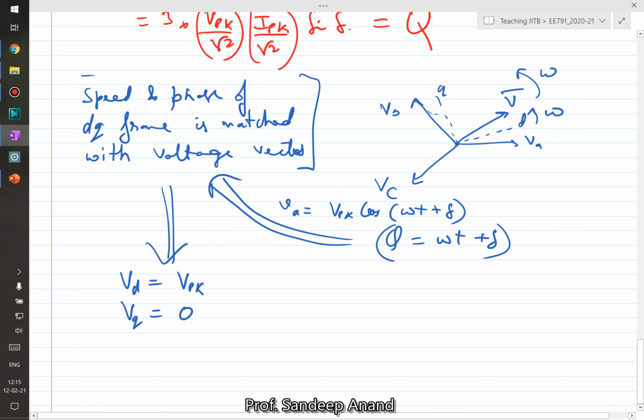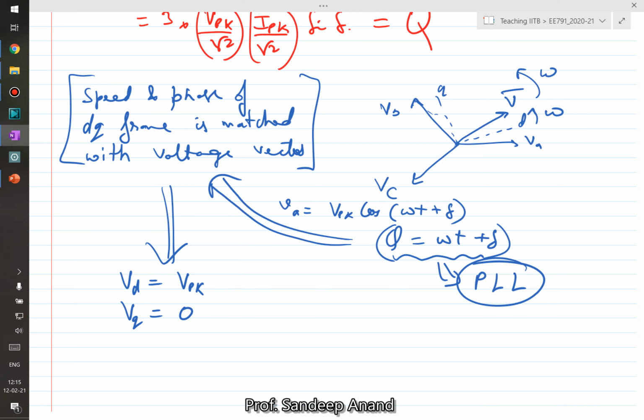Now how to achieve this, how to really ensure this, that part we will have a look at a little bit later, maybe in a separate module on something called a phase lock loop. As of now, let's say you know somehow to do that, then you get Vd equal to V peak, Vq equal to 0.